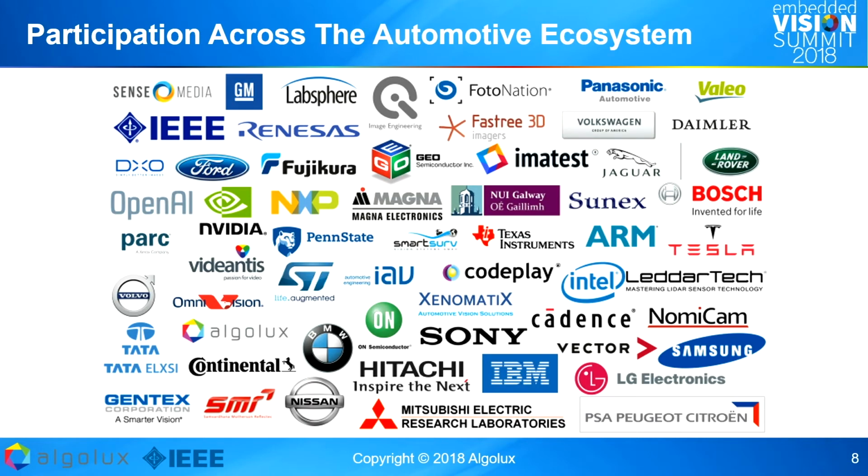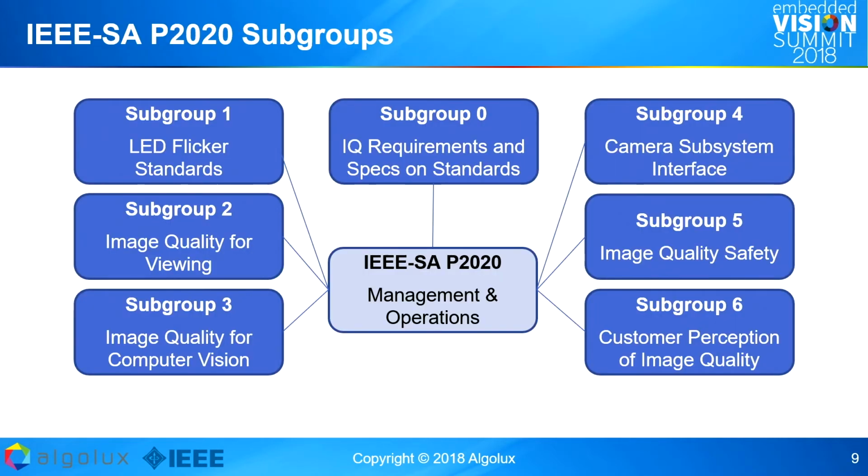And luckily, a large number of industry leaders have subscribed and are participating in P2020 and contribute to the standard committee. There's a number of subgroups that address individual subproblems of this overarching big problem of characterizing image quality and computer vision quality as it relates to an imaging system.